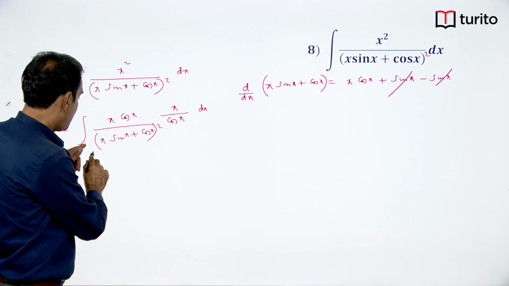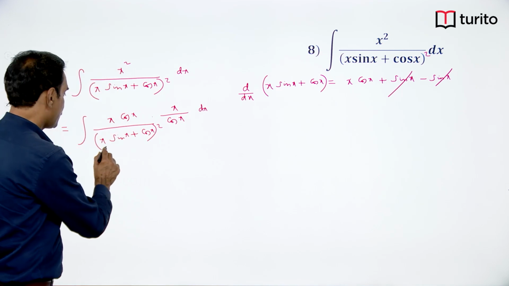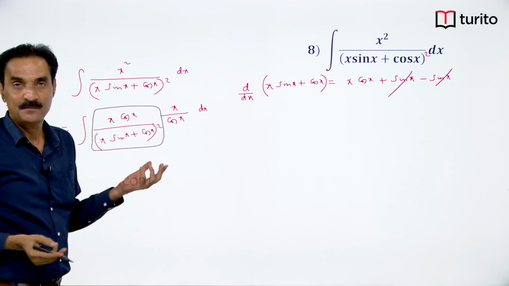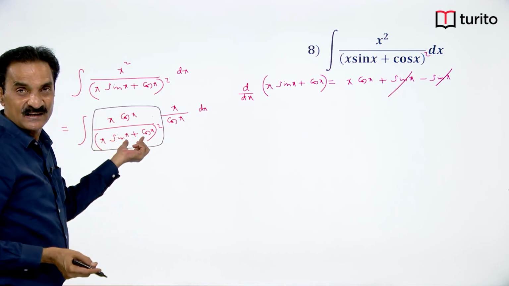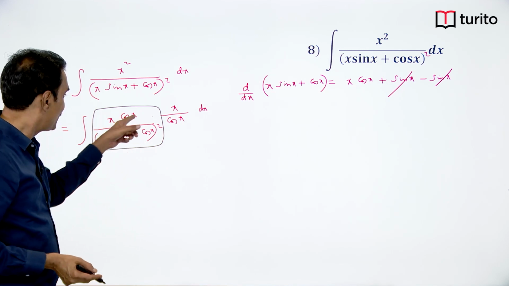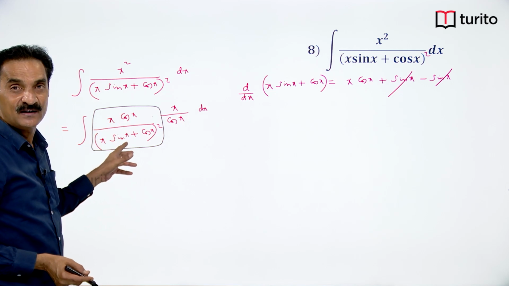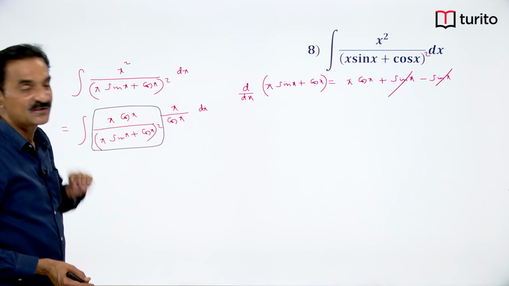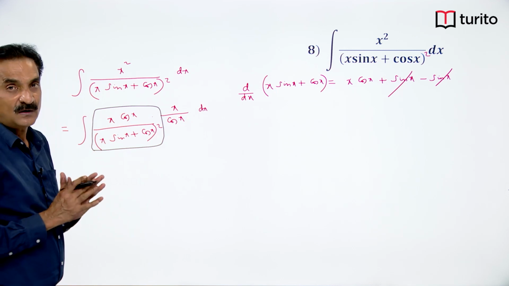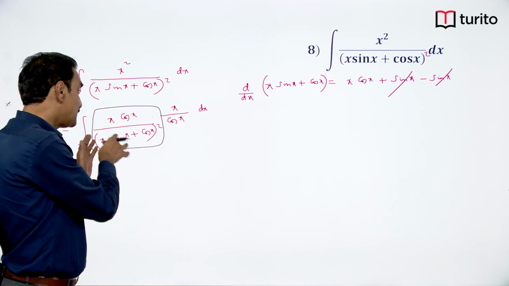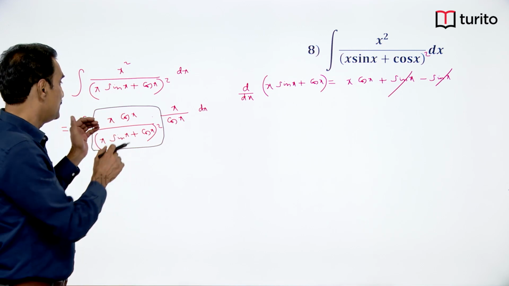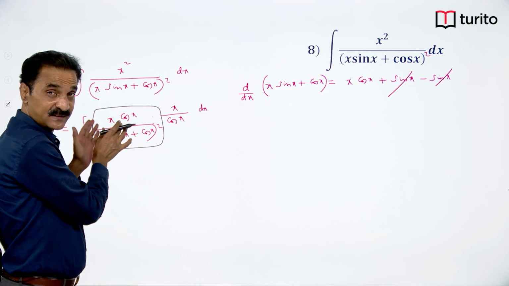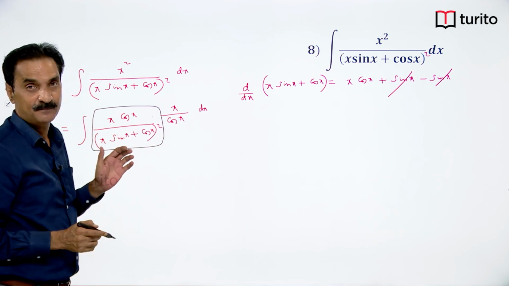Now if you take this part, we can easily integrate it by putting x sin x plus cos x is equal to t, numerator becomes dt by t square, integral dt by t square is minus 1 by t, but this is extra. Now what we do is, since we know the integral of this function, you integrate by parts by taking this as second function because integral is known and this as first function.